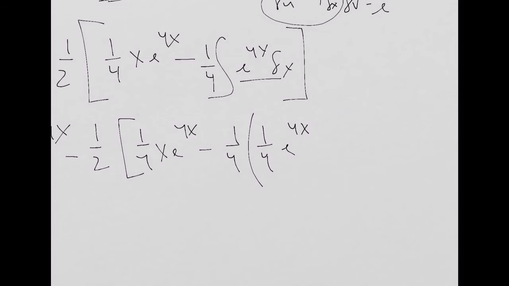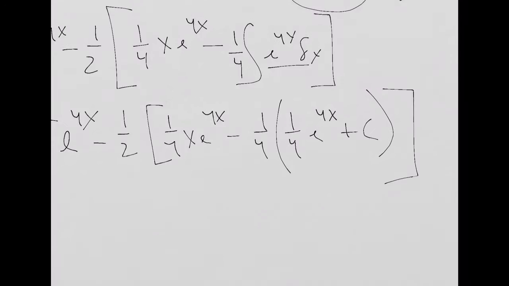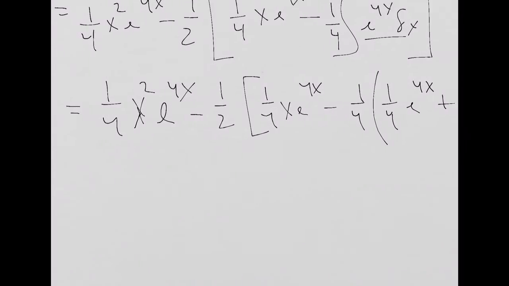And then I would probably have some plus c whenever I do an integration. I have an indefinite integral. And so this probably would be a correct answer in my eyes.